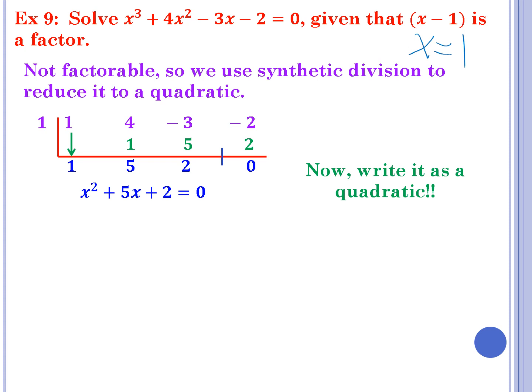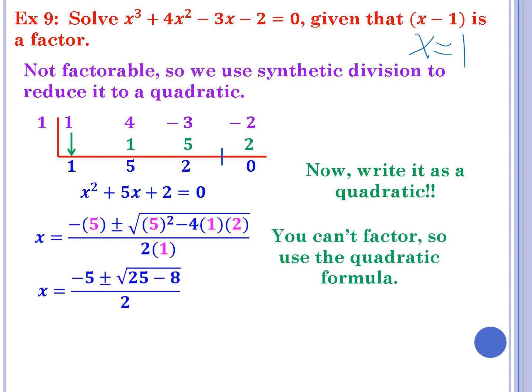Now that's not factorable. I really do not want to complete the square, so I'm going to do the quadratic formula. And when you do the quadratic formula, you get x is negative 5 plus or minus the square root of 17 over 2.